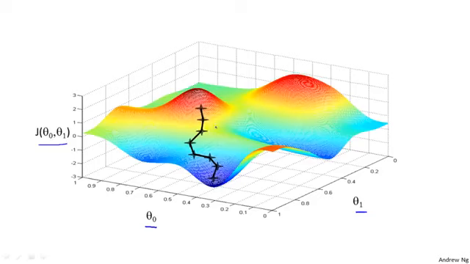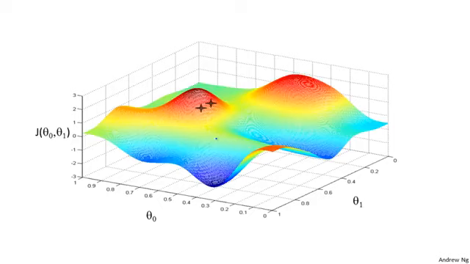Gradient descent has an interesting property. The first time we ran gradient descent, we were starting at this point over here, right? Now imagine we had initialized gradient descent just a couple steps to the right. Imagine we initialized gradient descent with that point on the upper right.